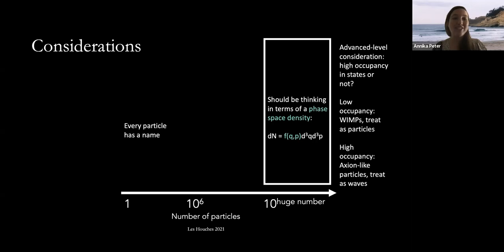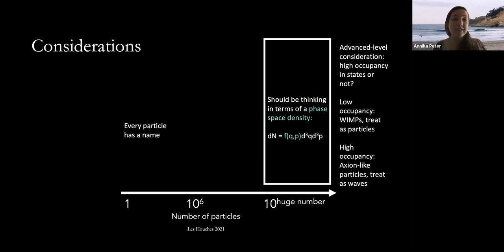When I teach statistical mechanics, I talk about how if you're a person in a state like Wyoming or Montana, there aren't that many other people around, so it makes sense to talk about you as some distinct particle. But for other dark matter candidates, like axions or axion-like particles, especially those with an extremely low mass, the occupancy is very high.